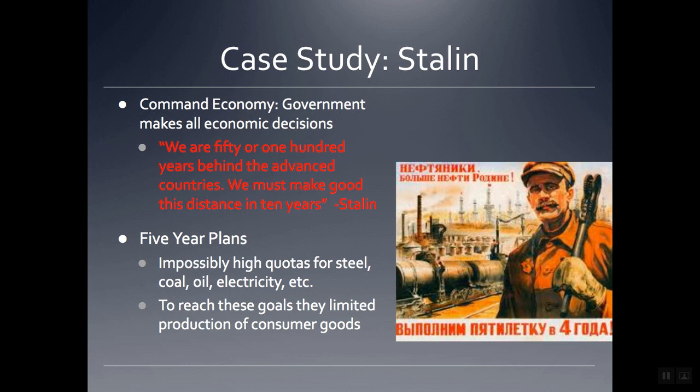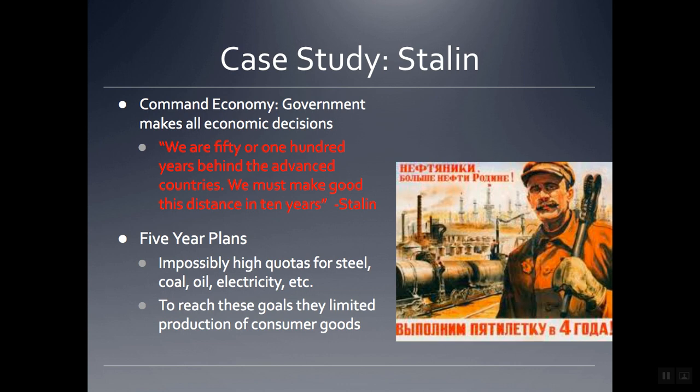So he created these 5-year plans, these milestone markers, these quotas that they were going to have to reach by the end of these 5 years. But the quotas were impossibly high, for steel, coal, oil, electricity, etc. So in order to make enough steel, to get enough coal, to find enough oil, they had to shut down other parts of their economy.